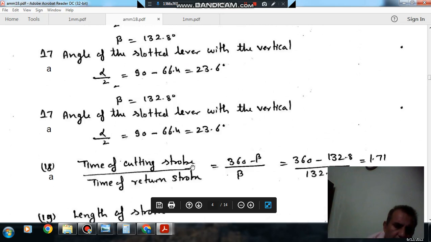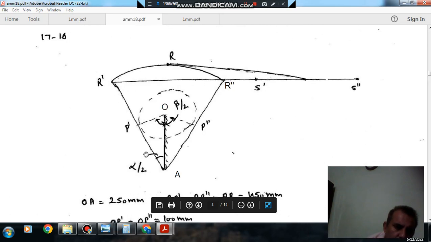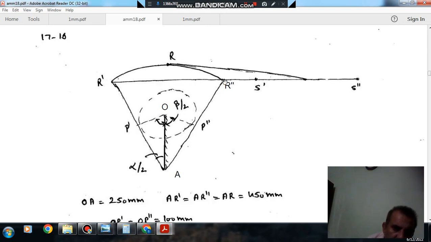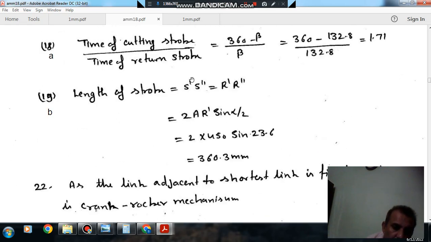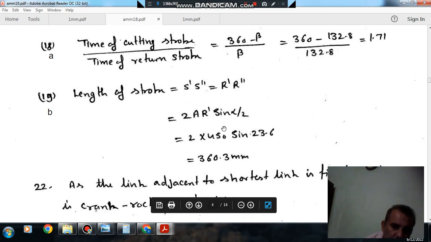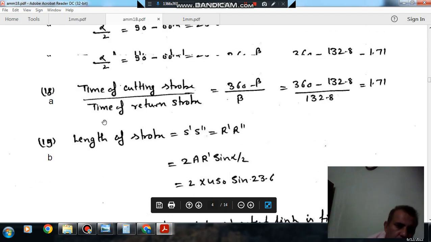As this is the hypotenuse and this is alpha by 2, R dash R double dash is 2 AR dash sine alpha by 2. So it will be 2 into 450 into sine 23.6, because alpha by 2 is 23.6. So the length of stroke will be 360.3 mm. So the answer is option B.